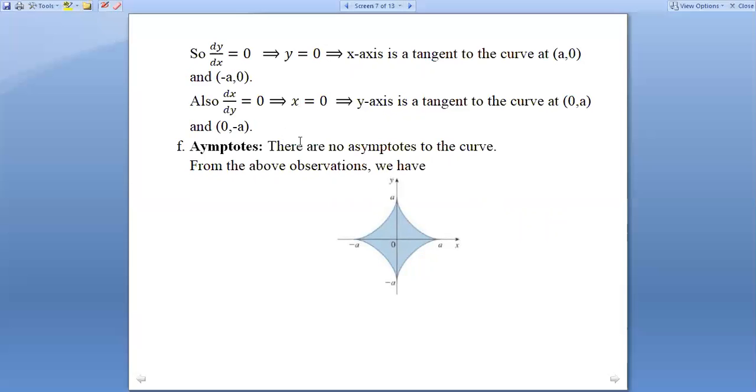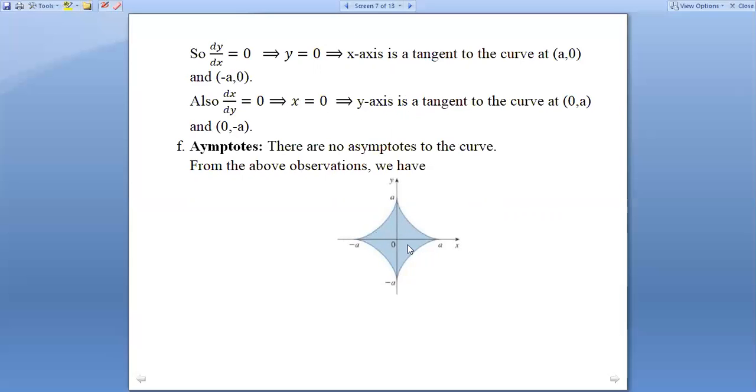So looking into all these 7 conditions, we can have an observation of the curve asteroid to be in this form. It is between minus a and plus a, and it is symmetrical about the coordinate axis, also about the line y is equal to x, and it has a tangent at the curve at (a, 0).